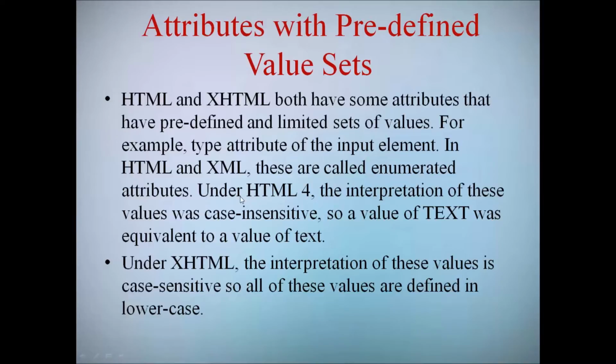Under HTML4, the interpretation of these values was case insensitive, so a value of TEXT was equivalent to a value of text. Under XHTML, the interpretation of these values is case sensitive, so all of these values are defined in lowercase.